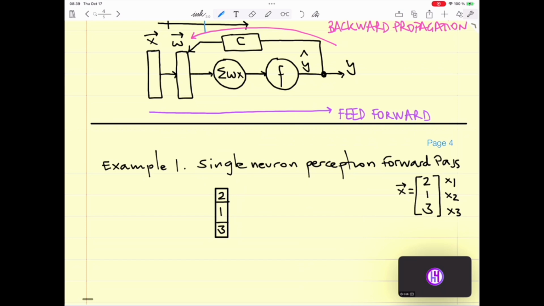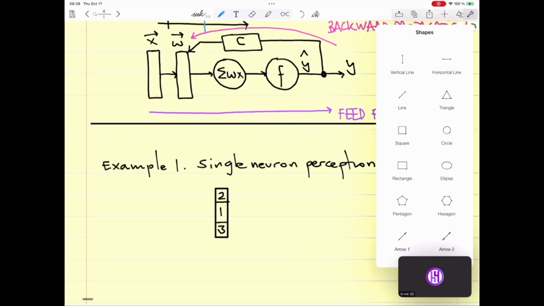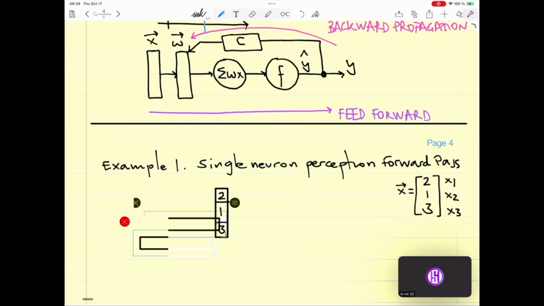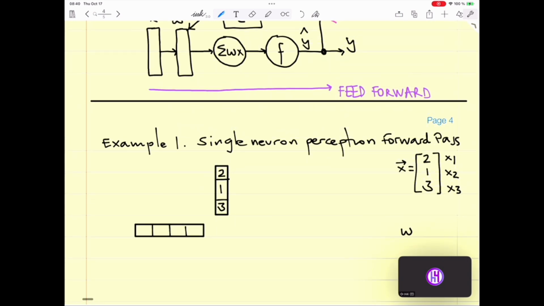We're going to take a weight vector. So our weight vector is going to be 1, minus 1, 1.